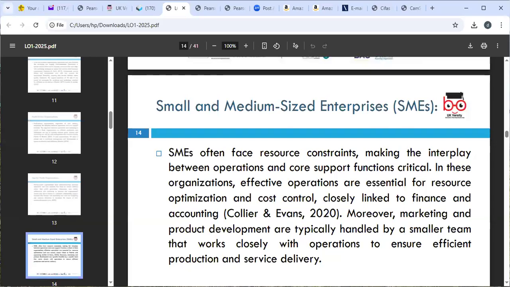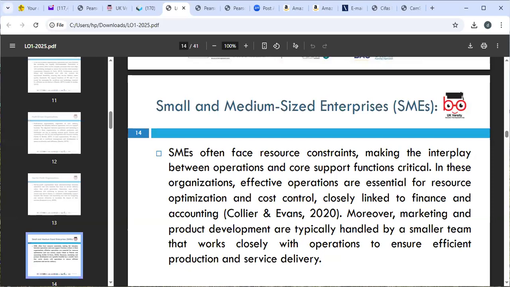Okay, the SMEs are small-based enterprises, and they may not have a huge number of core functions within the organization. But what is key is that they should be able to have at least the finance and accounting part of their business, and the resources should be available.